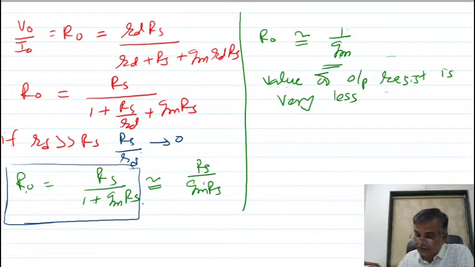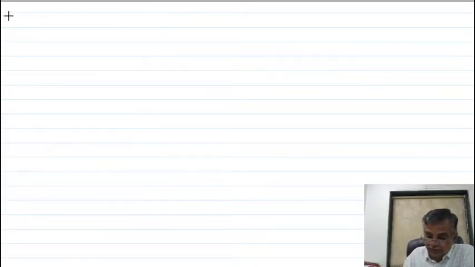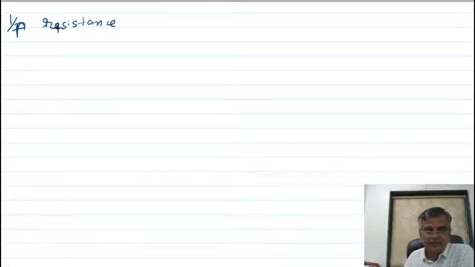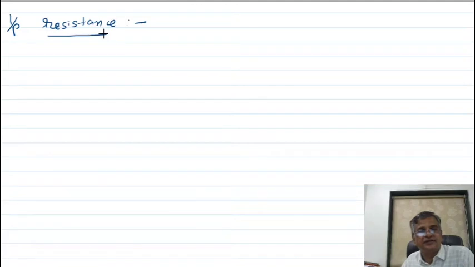Now let us find out the input resistance. The input resistance of the common drain amplifier is determined by the Rg. The input resistance is nothing but the resistance between the input and ground.